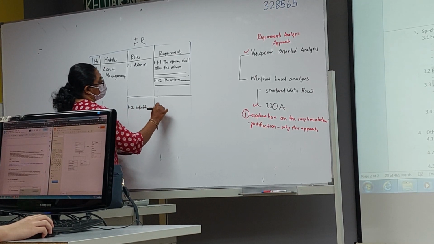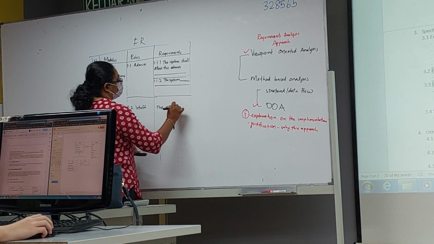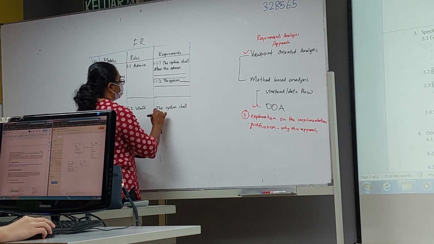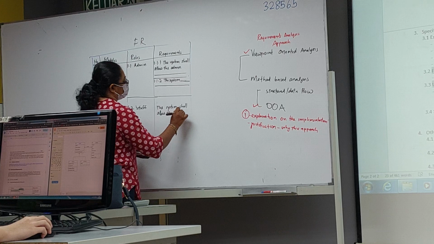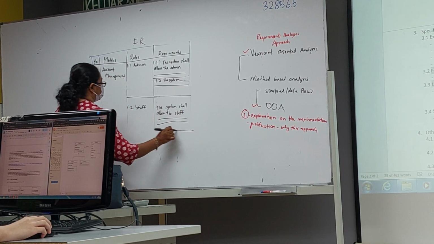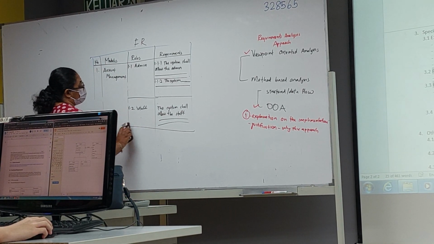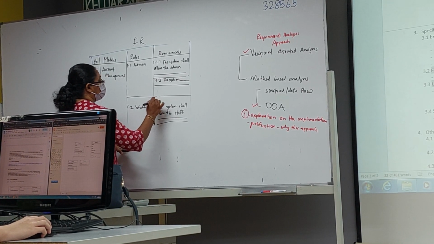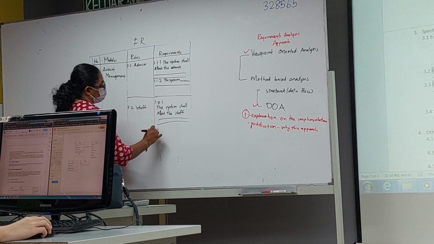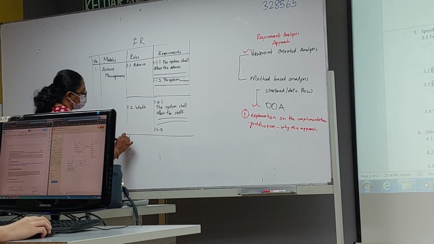The system shall allow the staff to do what? If you have more than one, it is 1.2.1, 1.2.2. Then the third one, let's say 1.3.